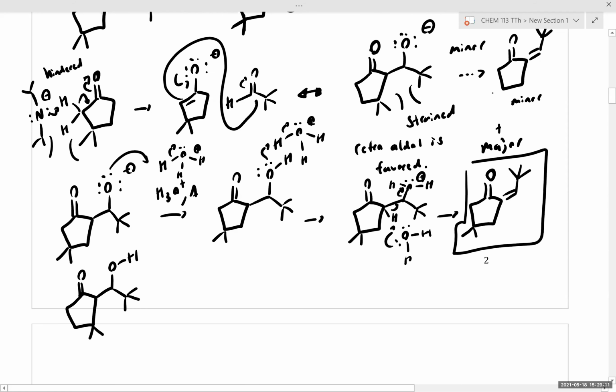So to answer the question why this minor dehydration product is not observed, let's show what happens under acidic conditions when you have this minor aldol product. And let's show how this minor aldol product can be converted to the major dehydration product.